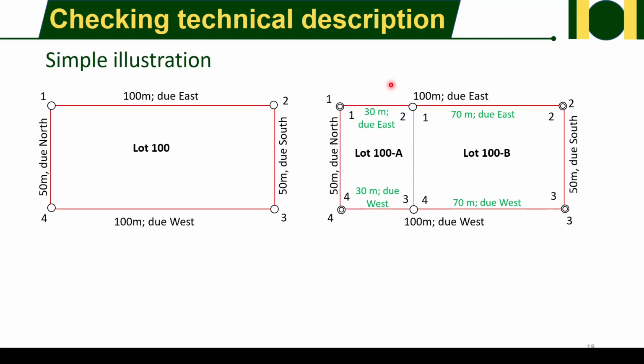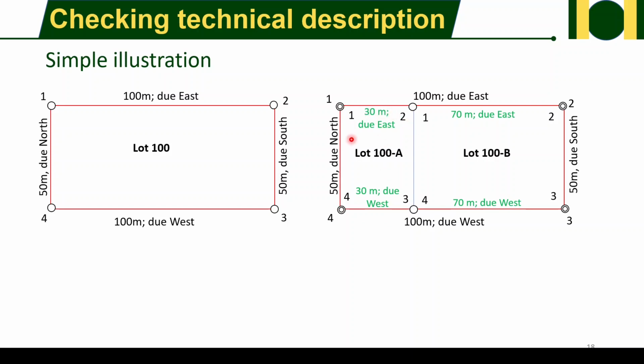It is being subdivided into this one in a way that the division line is parallel to the western side of the mother lot, at a distance of 30 meters.